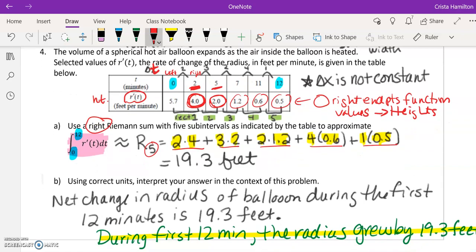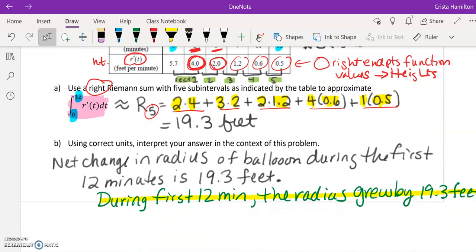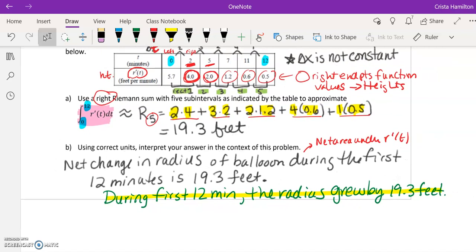And then in terms of interpreting it for our final part of this discussion of this set of problems, the net change in the radius is what this definite integral is calculating. It's also the net area under r prime of t, which is our velocity curve or our derivative. It's basically telling us how much there was a change in the amount of the radius.